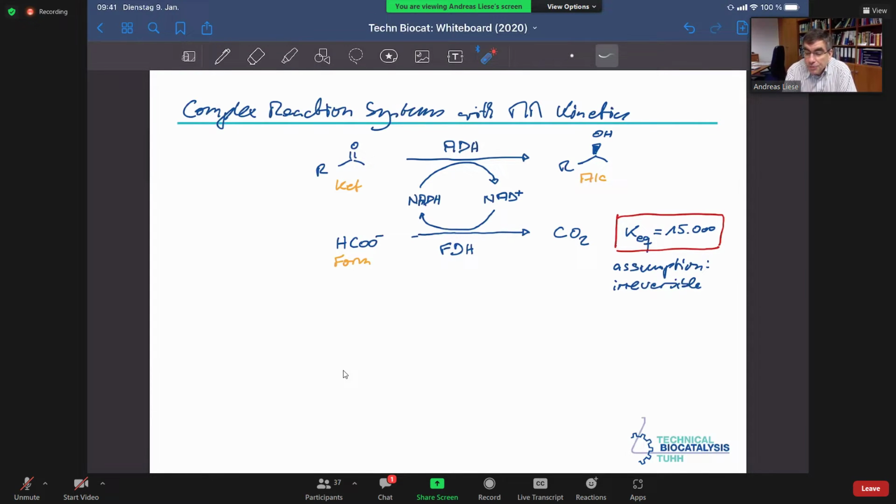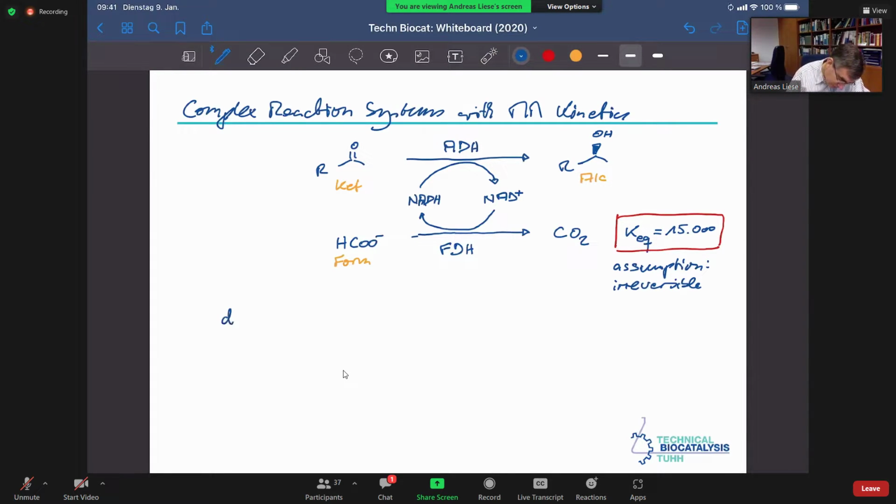So if we now express this and transform it to our mass balances and differential equations, then we can formulate for the system in the same manner as we practiced beforehand this morning.